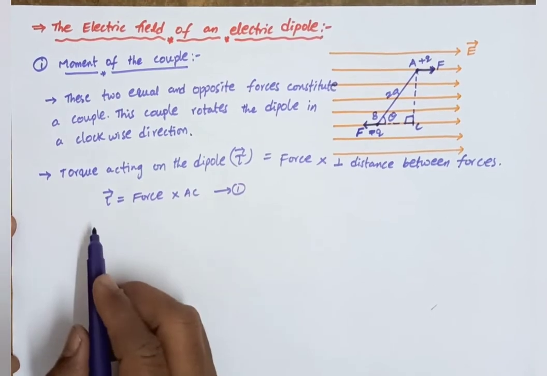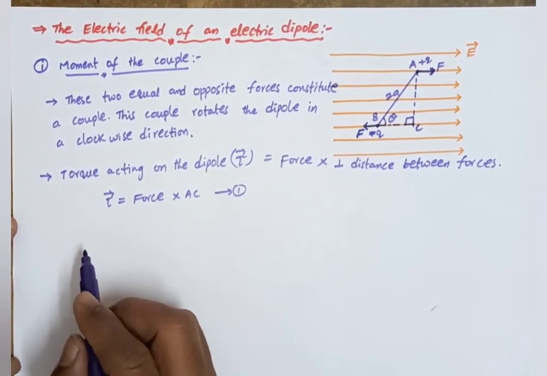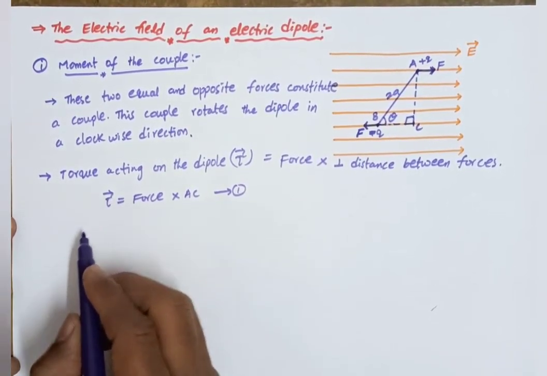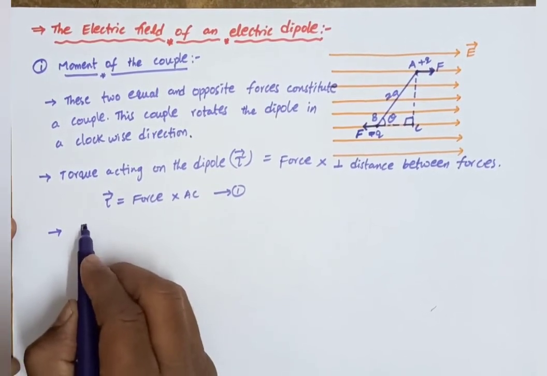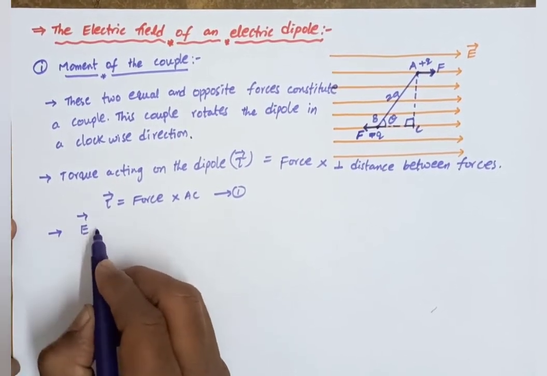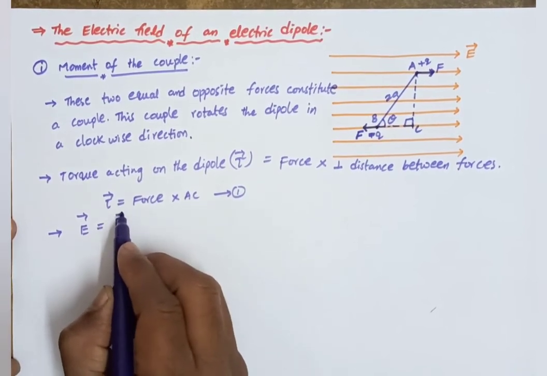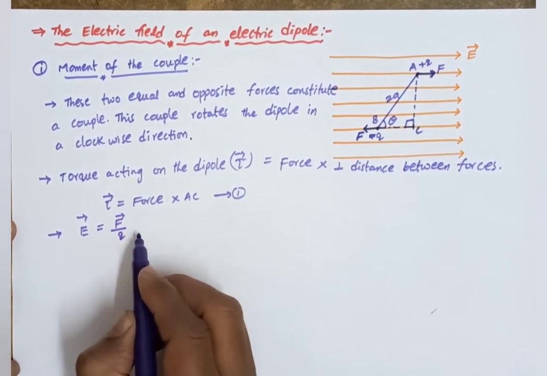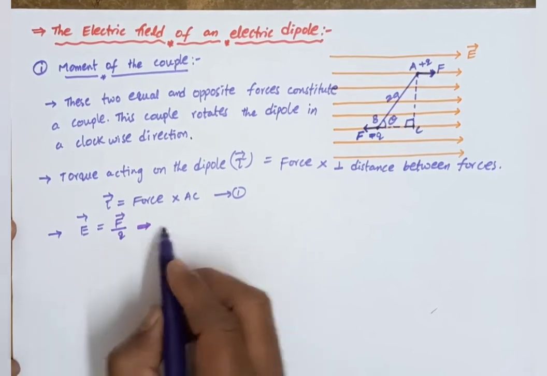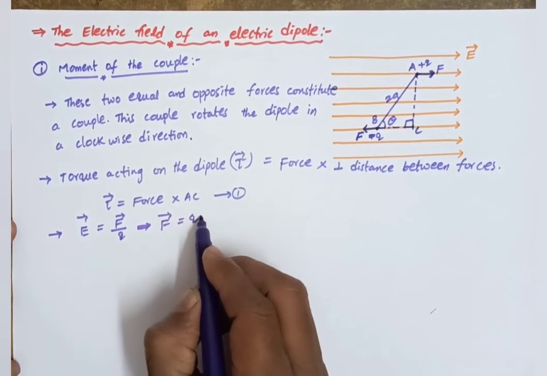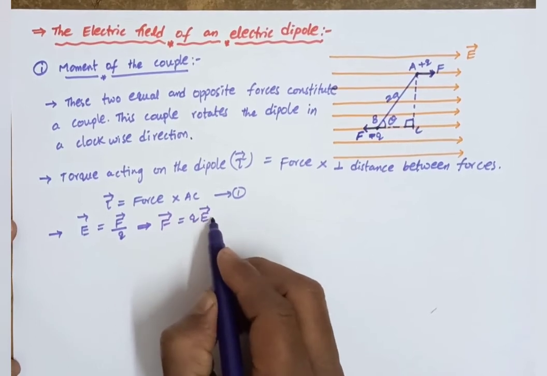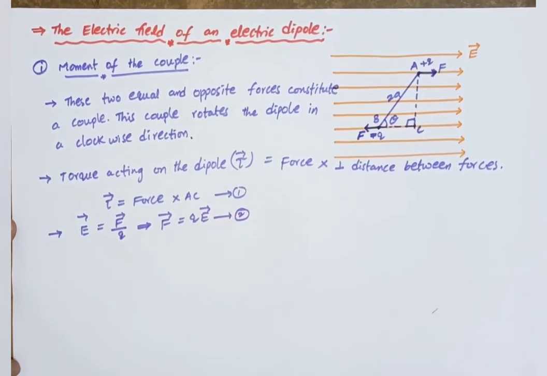Now the force F, from the definition of electric field strength, E bar equals F bar by Q. From this equation, F bar equals Q into E. This is equation number 2.